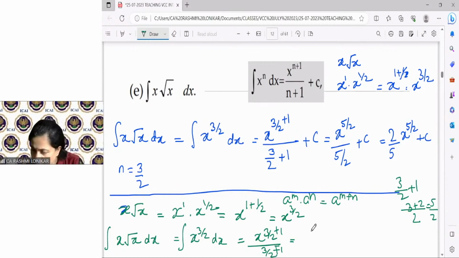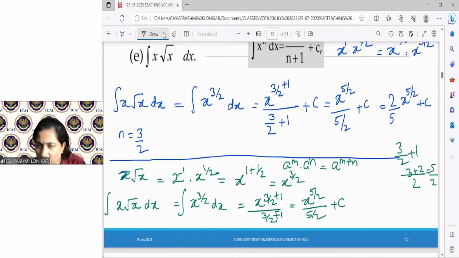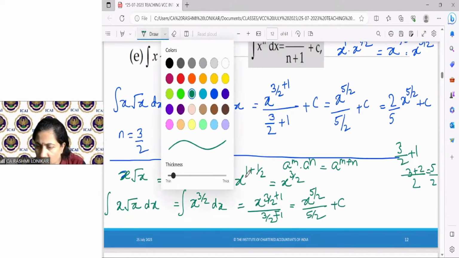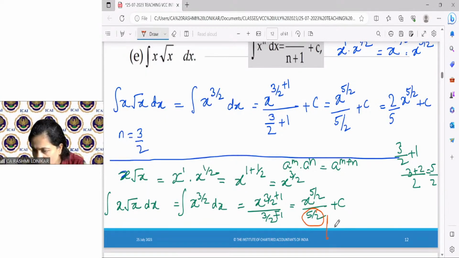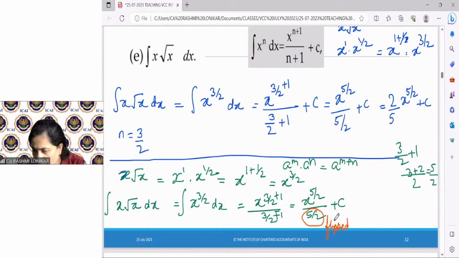So this becomes x raised to 5 by 2 upon 5 by 2 plus c. Now I know that a fraction in the denominator needs to be flipped. So the answer is 2 upon 5 x raised to 5 by 2 plus c.